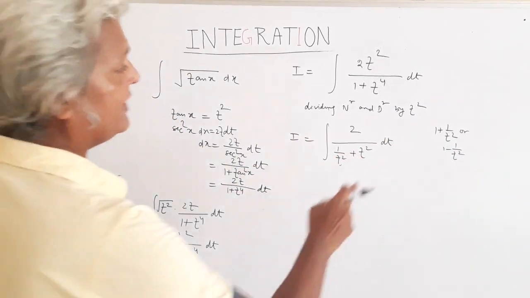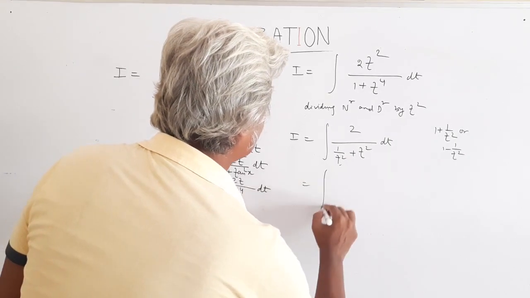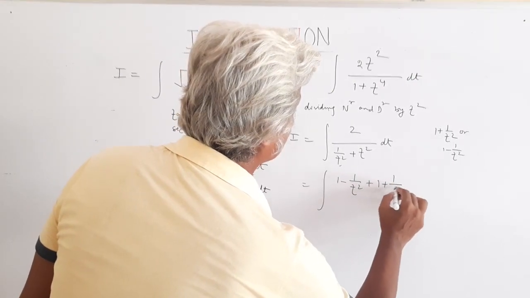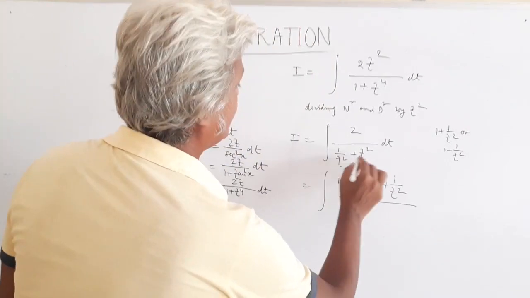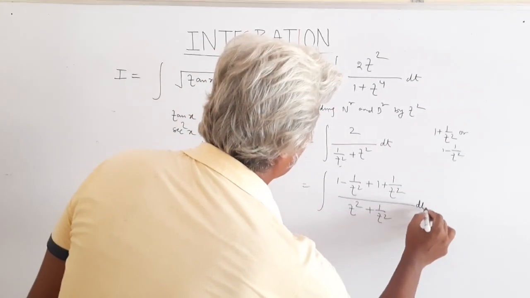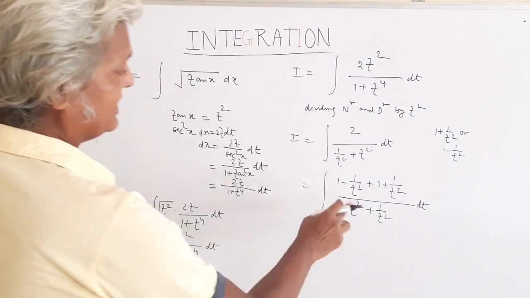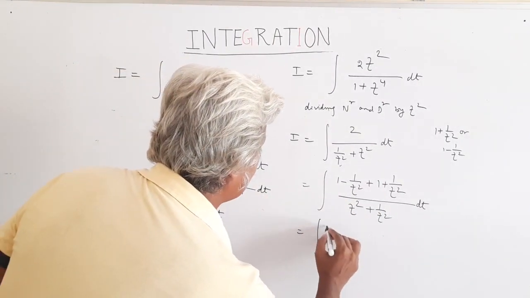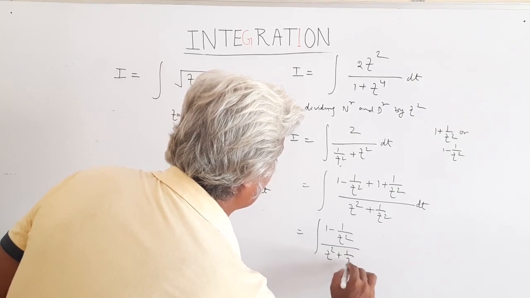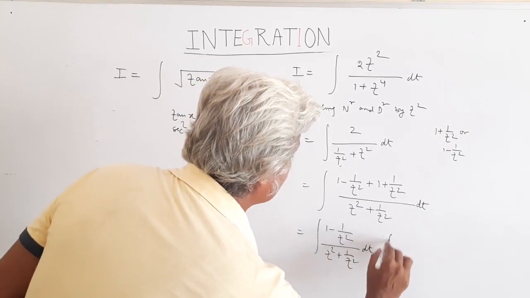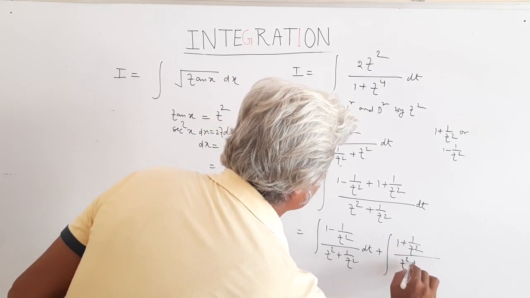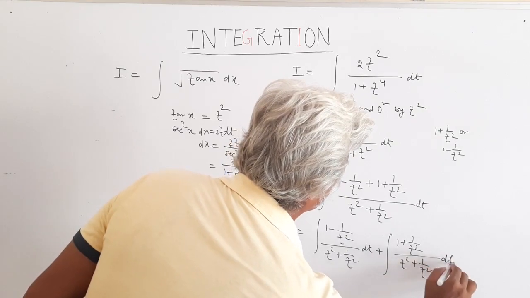So what we do is add up these two forms, you get 1 minus 1 by t square plus 1 plus 1 by t square upon the denominator, which you can write as t square plus 1 by t square, and dt. Now I separate because we have got two integrals here, one goes like 1 minus 1 over t square upon t square plus 1 over t square dt plus integration 1 plus 1 over t square over t square plus 1 over t square dt.